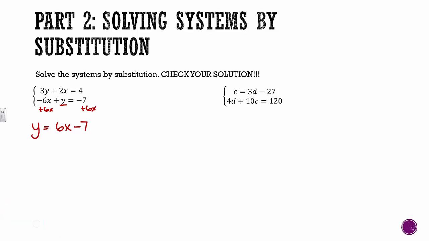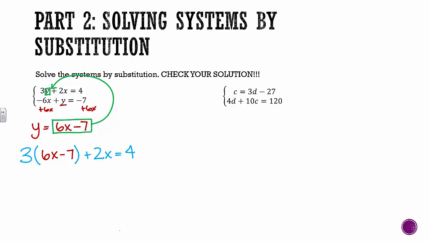So just like before, now that I know what y equals, I'm going to come up here and replace it. Substitute it in. So the 3 stays the same, but instead of writing y, I'm going to write what y equals. And y equals 6x minus 7. And then everything else stays the same, plus the 2x equals 4.